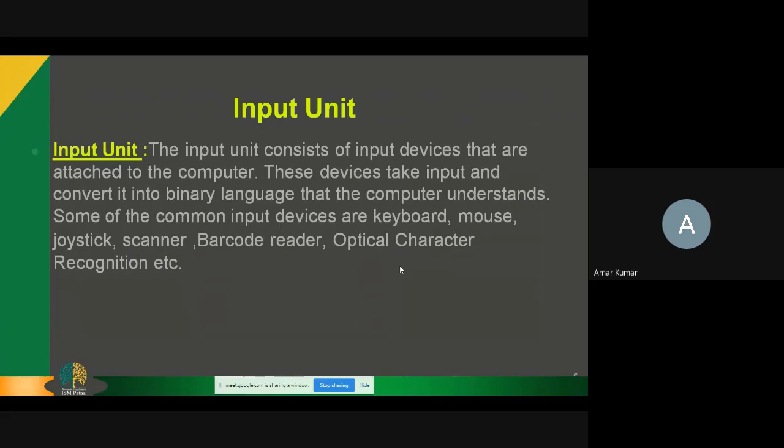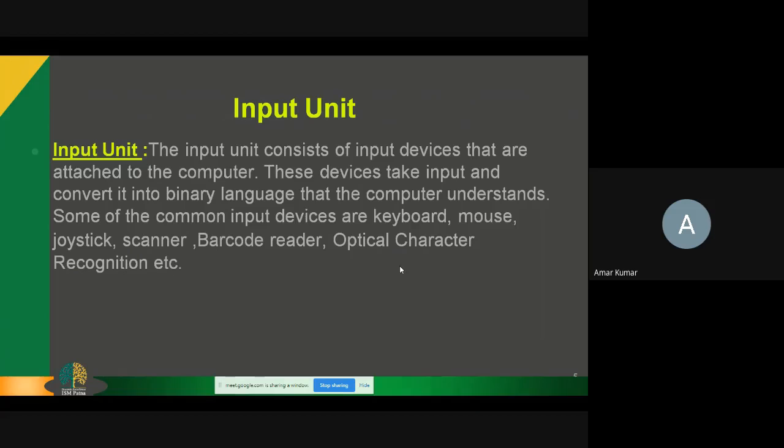So in input unit, we can say that it consists of input devices that are attached to the computer. Keyboard and mouse are the basic input devices which are attached to the computer system.